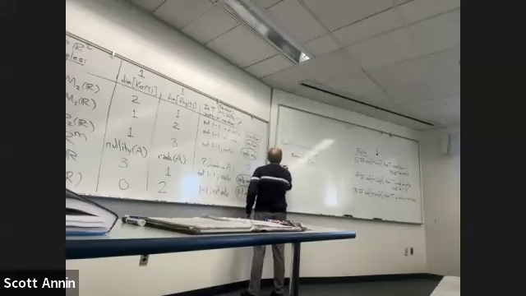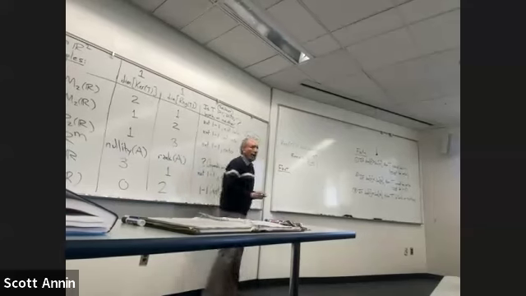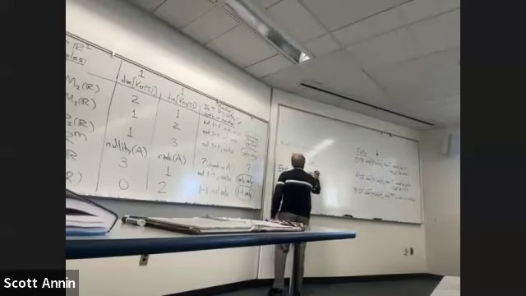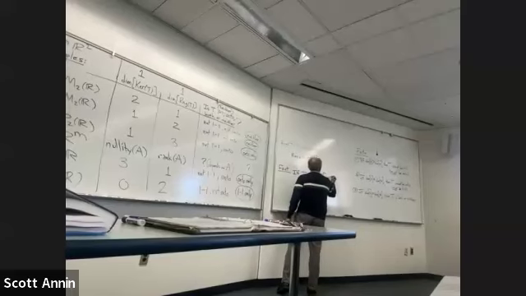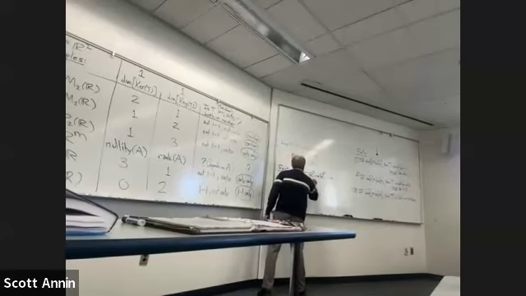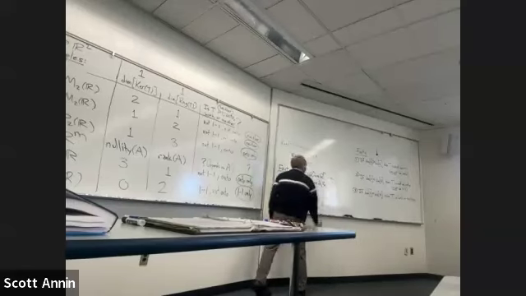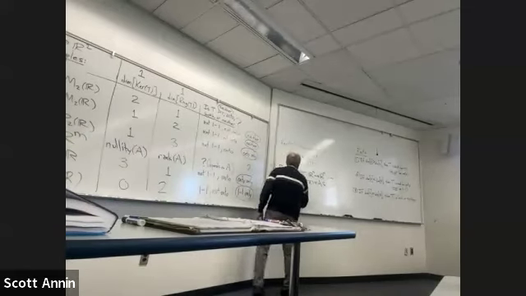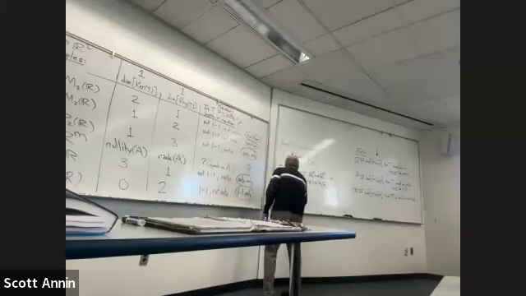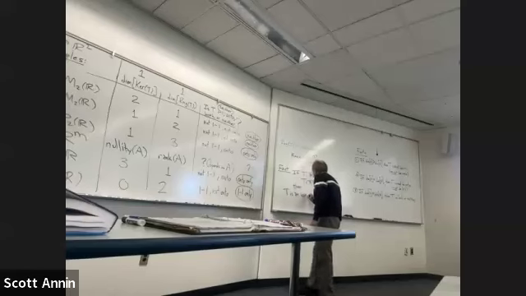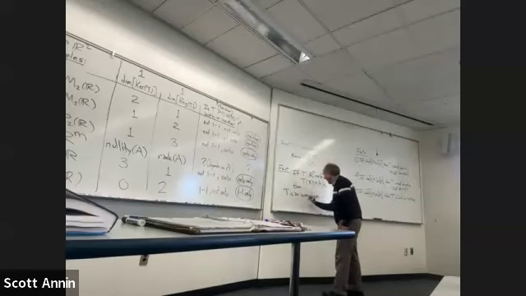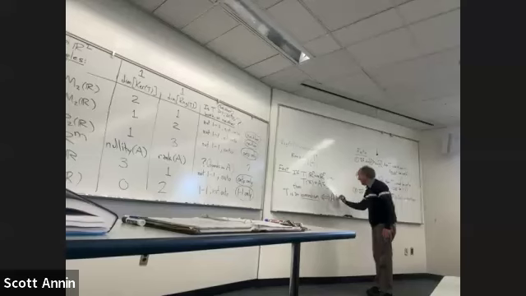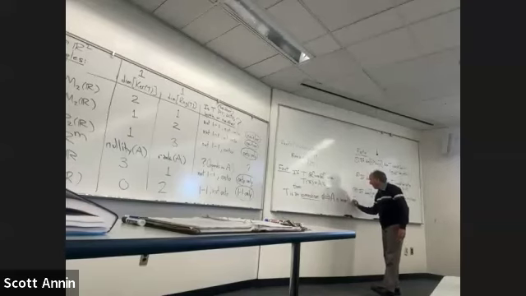Let's write this down, guys, as a fact. That basically, if T goes from Rn to Rn via T of x equals A times x, then T is an isomorphism, meaning it's both 1-to-1 and onto, if and only if A is invertible.